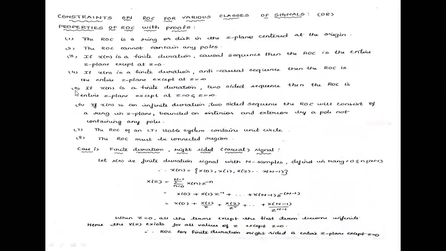These are the finite duration ROCs. The third point we already discussed: for a finite duration causal sequence, the ROC is the entire Z plane except z equal to 0.